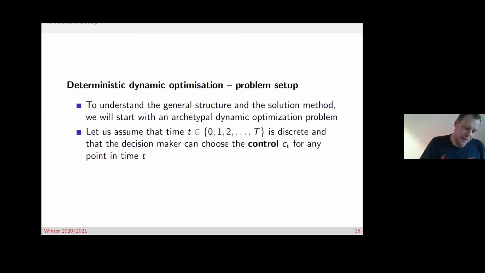You have choices under your control, things that you could change at every point in time, and you have variables that describe the situation that you are in, the state that you are in, which may or may not affect your objective as well.